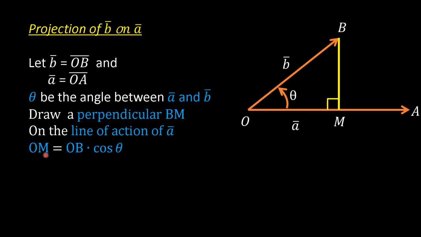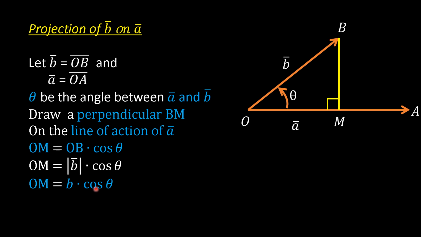OM will be, by simple trigonometry, OM will be OB cos theta. OB will be the magnitude of B bar, that is mod B bar, which we can simply write as B.